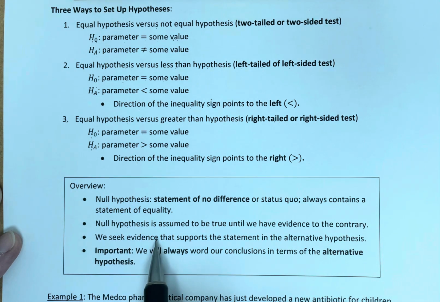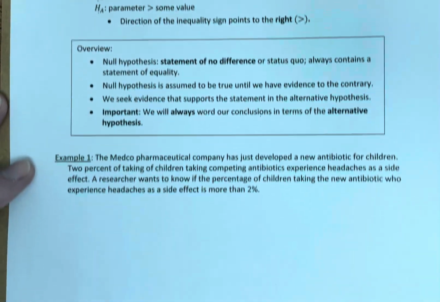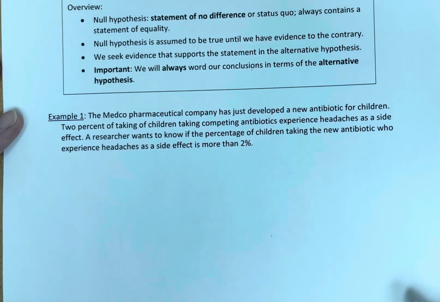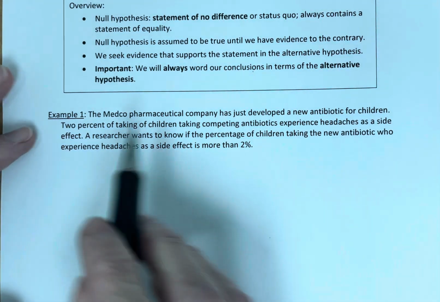We're seeking evidence to support the statement in the alternative hypothesis. And as I mentioned a few minutes ago, very important, we will always word our conclusions in terms of the alternative hypothesis.